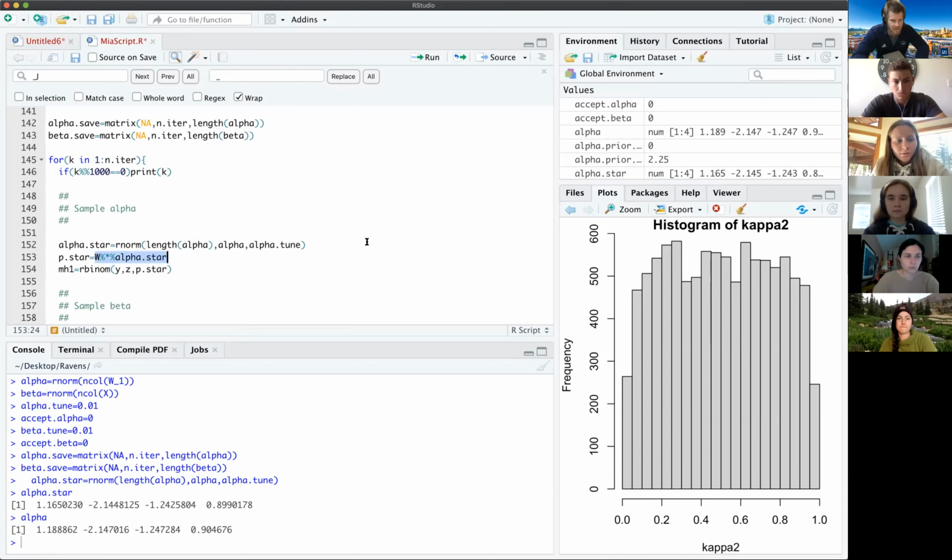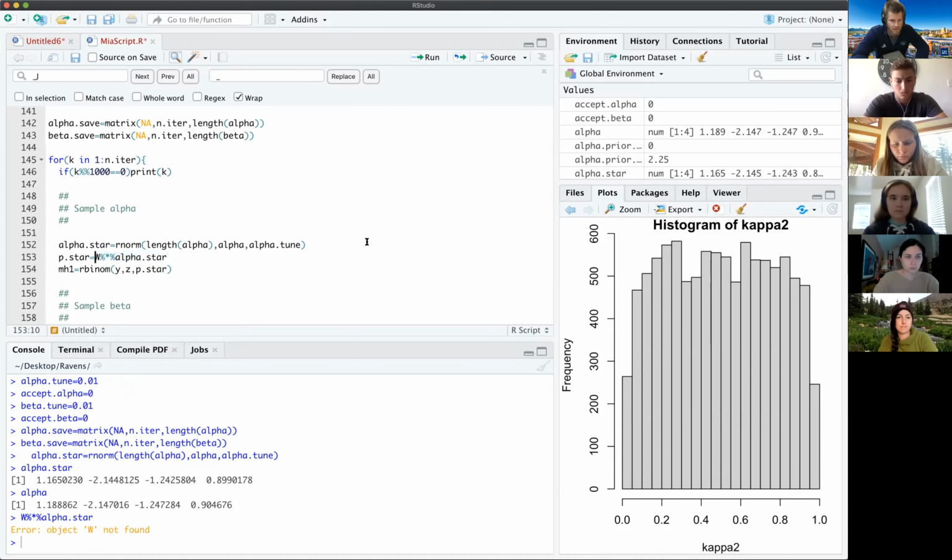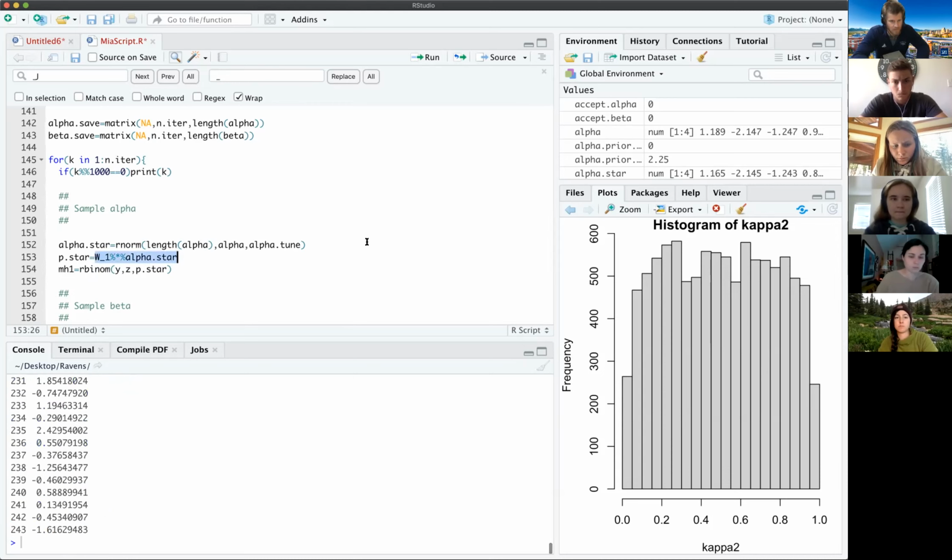This is going to give us W. That gives us one of our observations. Well, then we need that for each one.